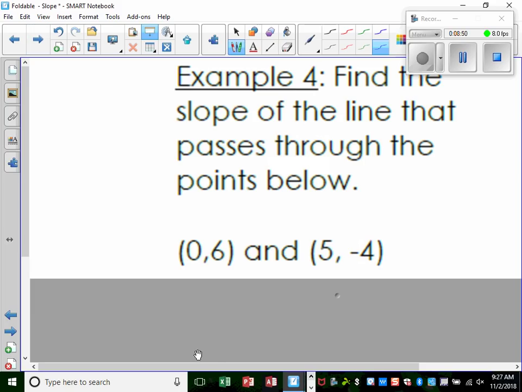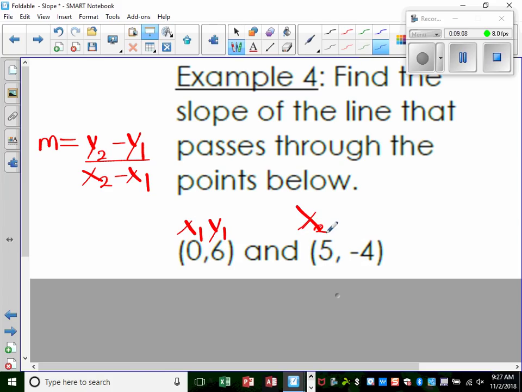All right, so now let's do it algebraically. So that means using the formula. So I'm going to first do this. Put my x1, y1, x2, y2. And then I'm just going to follow directions and make sure I put everything in the right place.